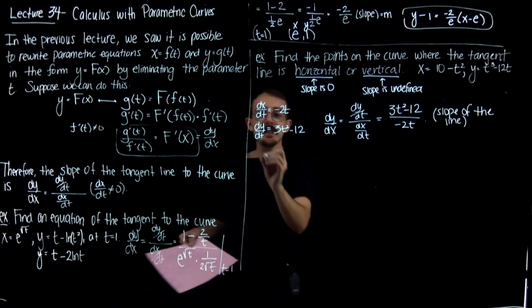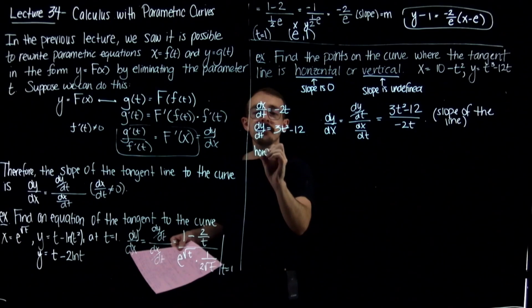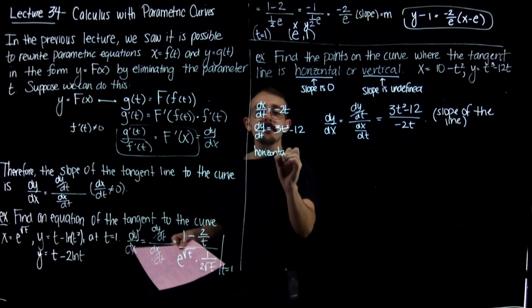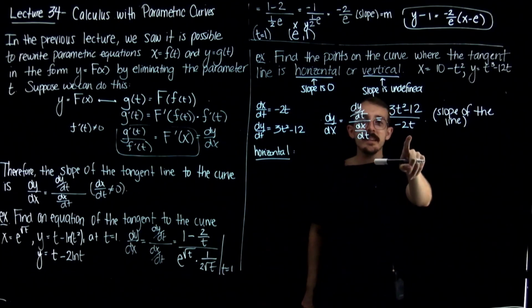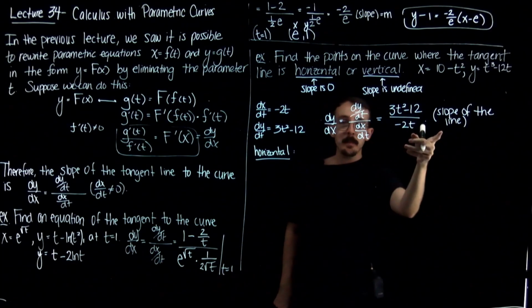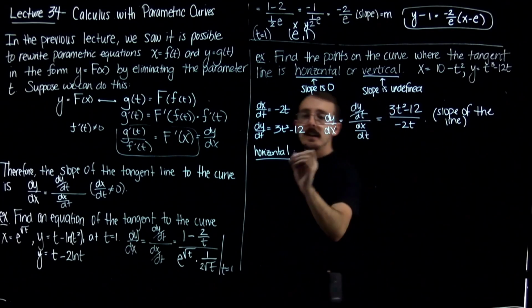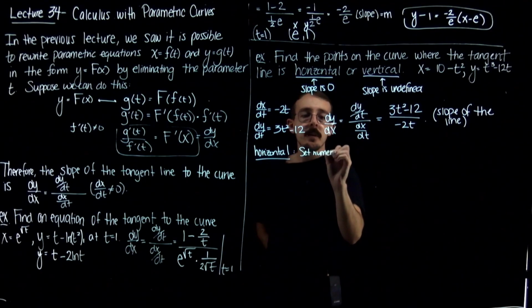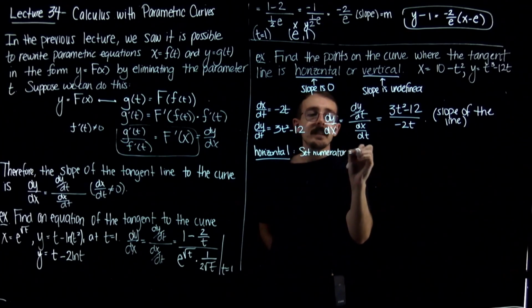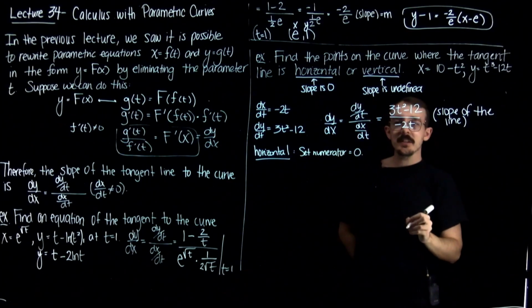And now let's focus on horizontal first. To find out where this is horizontal, I need this entire fraction to equal 0. So the only way you're going to do that is to set the numerator equal to 0. That's how you get the fraction to equal 0.